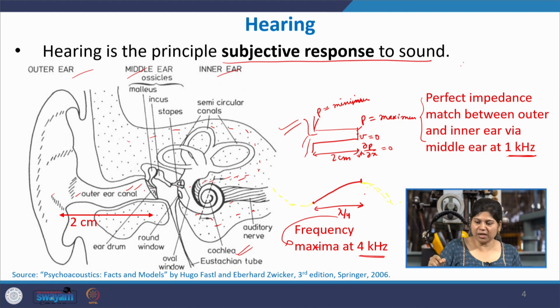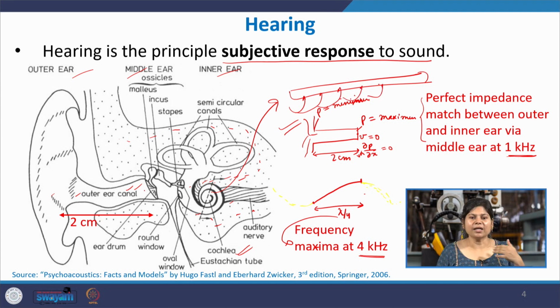If you unstretch this cochlea into a long tube, depending on which region the vibrating waves are hitting, you get a different level of vibrations, and the distance at which they hit depends on the wavelength of the sound wave.